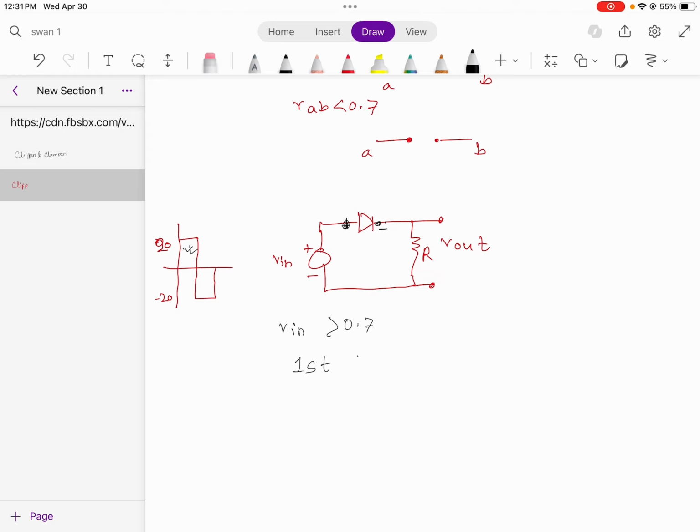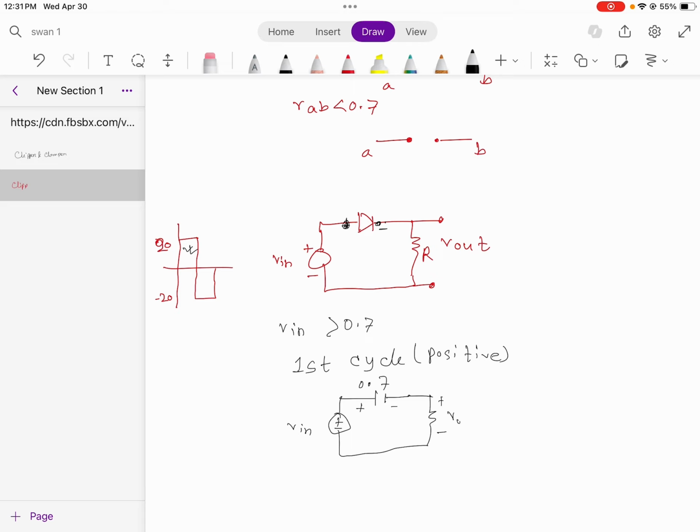For the first cycle, meaning the positive cycle, the original circuit will look like this. There is an input voltage and there is a voltage drop of 0.7 volt. The polarity will be this, because the circuit is drawing the current. For this, the diode will act as an opposite source and the resistance will be there.